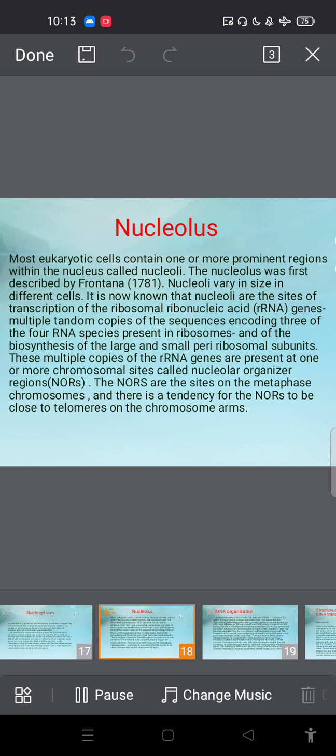These multiple copies of the rRNA genes are present at one or more chromosomal sites called nucleolar organizer regions. The NORs are sites on the metaphase chromosomes, and there is a tendency for the NORs to be close to telomeres on the chromosome arms.